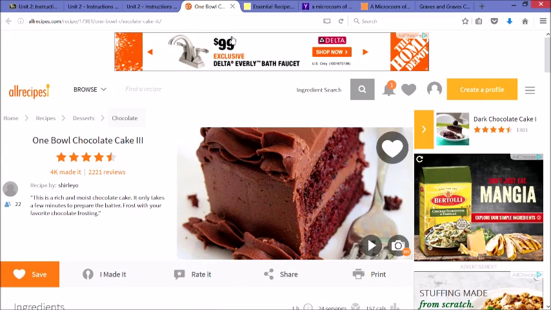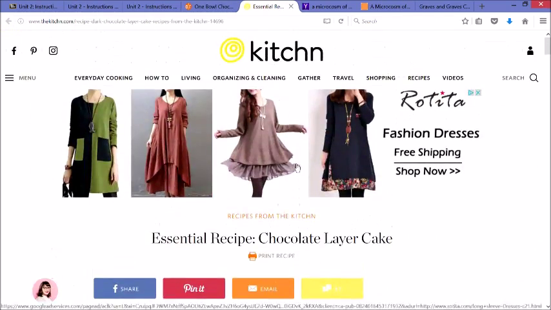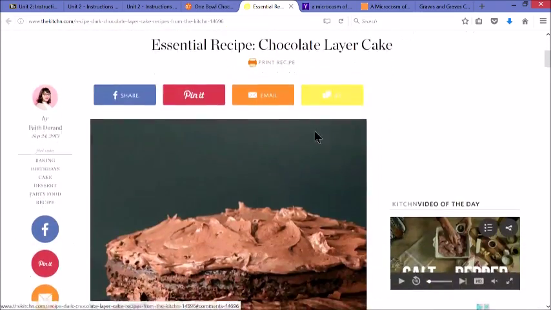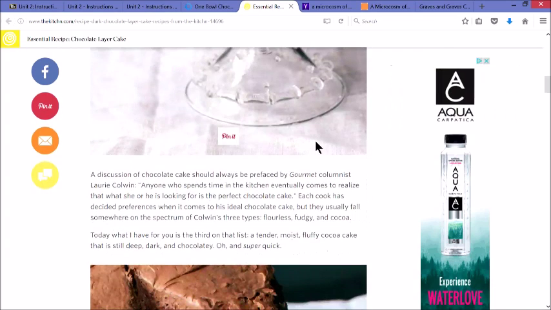Let's compare this to a recipe from a cooking blog. Again, you can see it's chocolate layer cake, and we get this mouth-watering picture. But then you'll notice immediately things are a little bit different. This is a cooking blog. It's one person who writes it, and it's a little bit different. The blog has more images, more text, there's more background information.